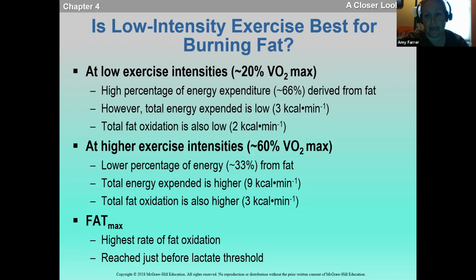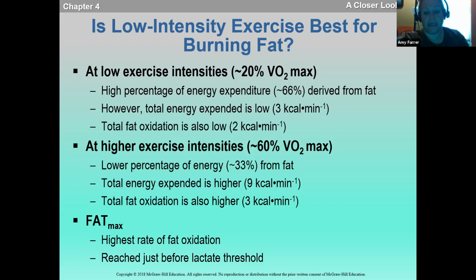So what we want to look at is utilizing fat primarily as a fuel. Our highest rate of fat oxidation is going to happen just before that lactate threshold. So again, when we're prescribing exercises, we have to understand what we're prescribing them for. With weight loss as a goal, we need to have them working out at a heart rate that's just below that lactic threshold.